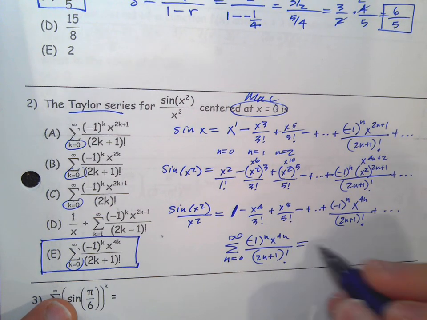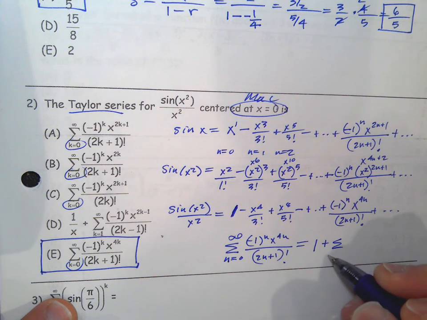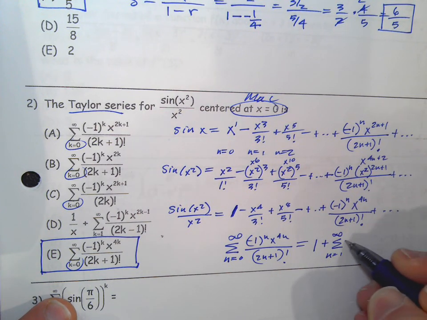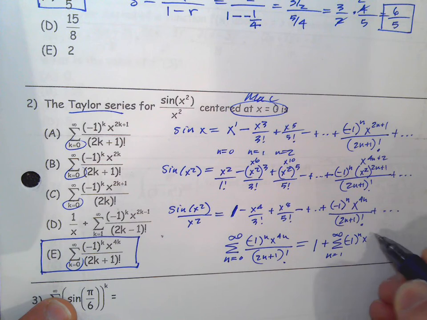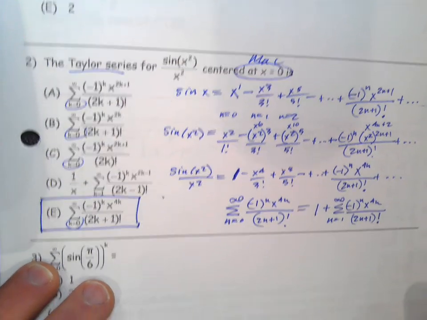Like if we had 1 plus, that would also work. So you've got to watch out on multiple choice. Sometimes they try and throw creative things at you.